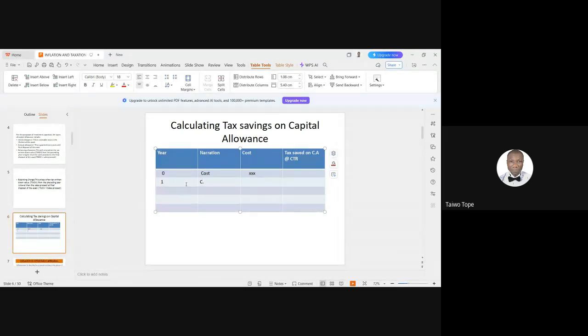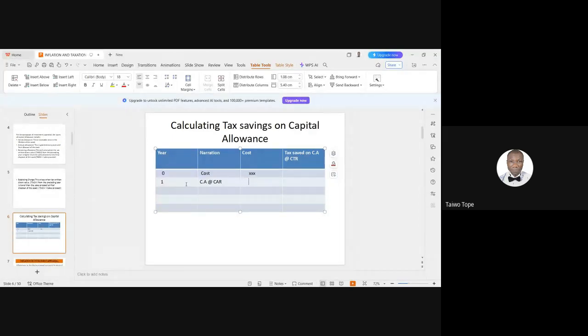Please take note, CA is capital allowance at the capital allowance rates.